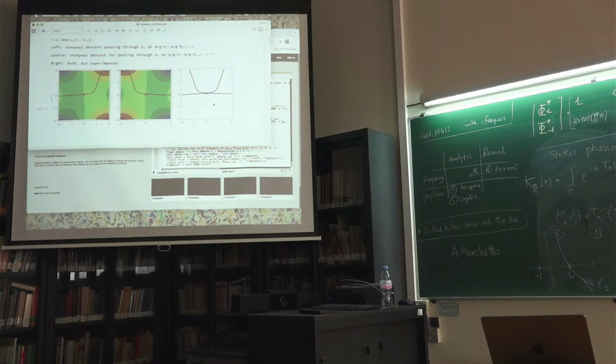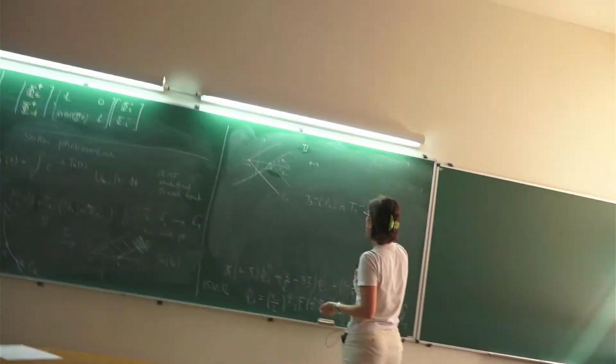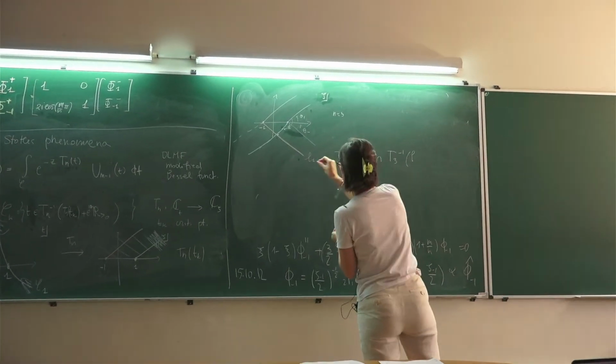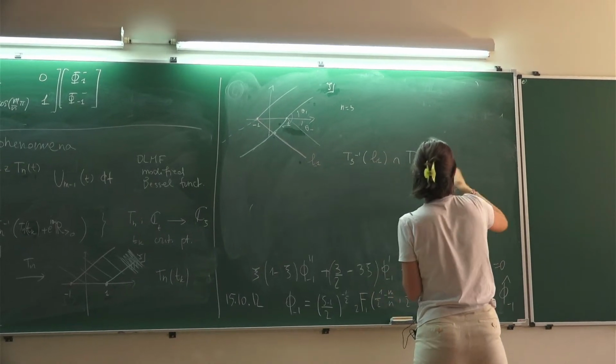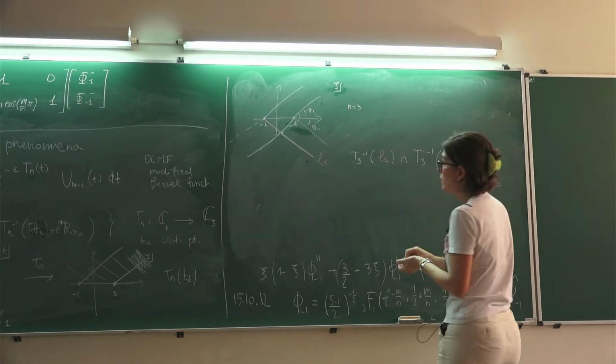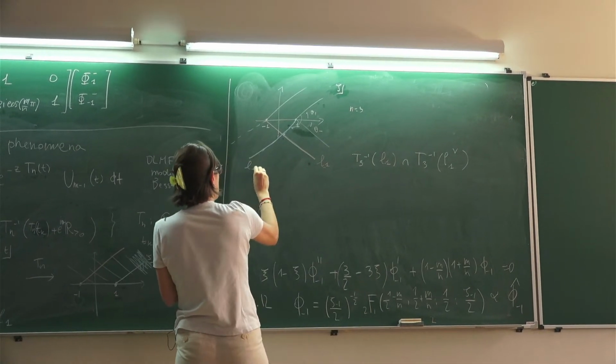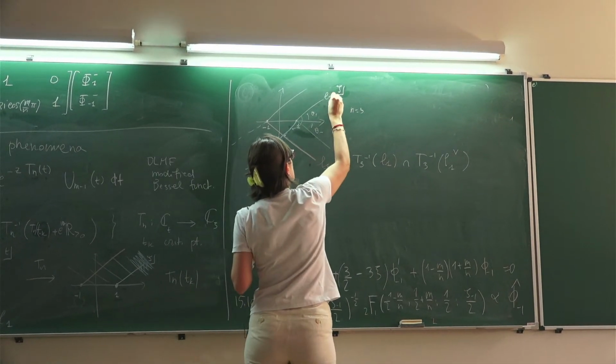So what are these? You take the pre-image, meaning you take T3 minus 1 of the Poincaré, let's call it L1. And you intersect with the T3 minus 1 of the dual. Let me write dual, meaning rotated by angle pi. So this is L1 dual, and this is L1.